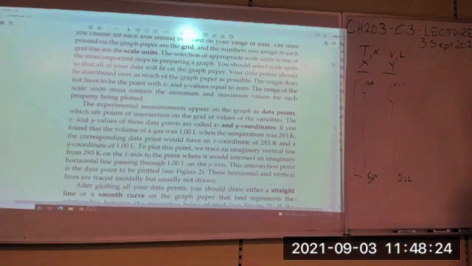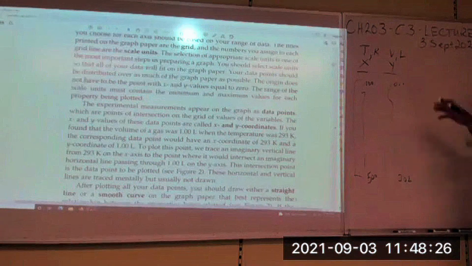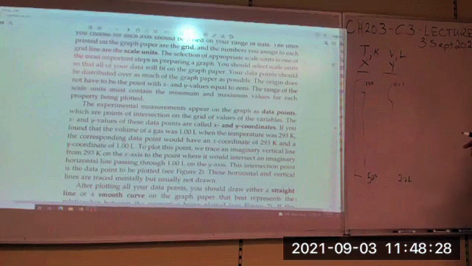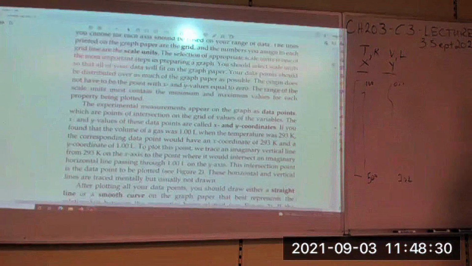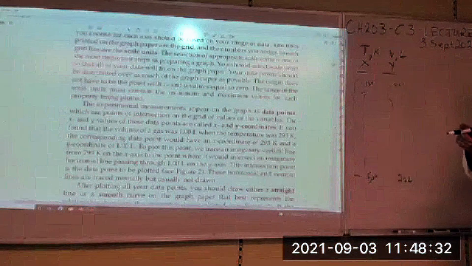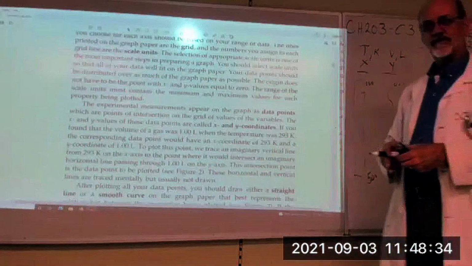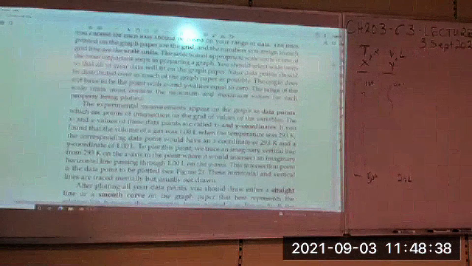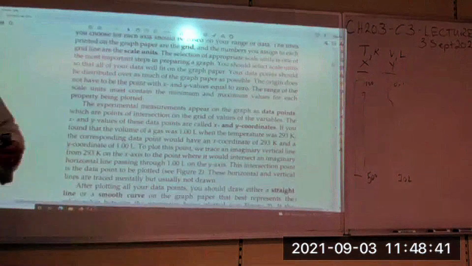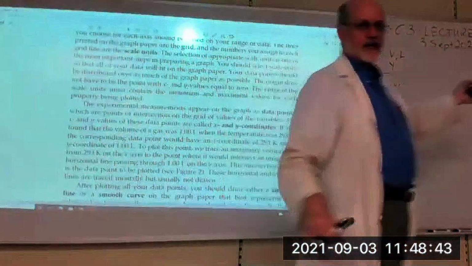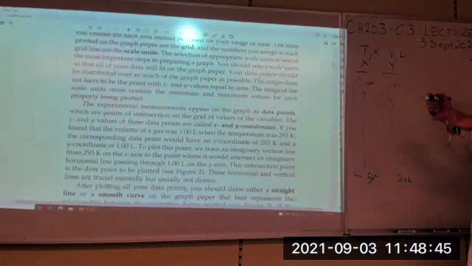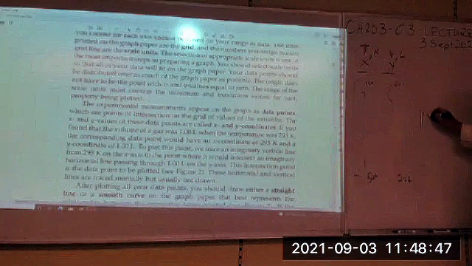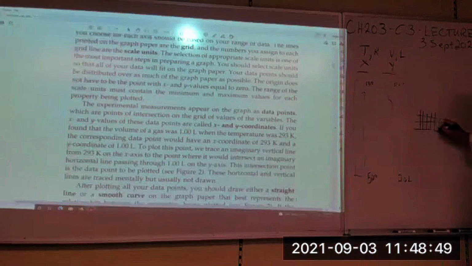Then what do you need to think about? Once you've got your orientation and you know your range, you think about how you are going to put these numbers on this graph paper to make it the easiest on yourself. You don't want to set up your scale so that you've got decimal numbers and you're trying to figure out where they go, right? I've got lines here like this, like that.